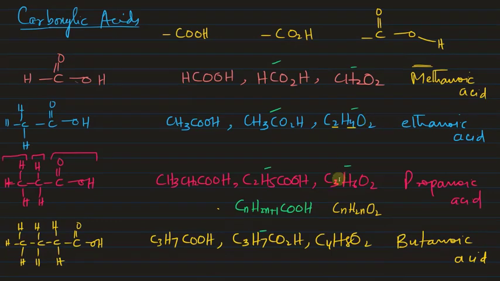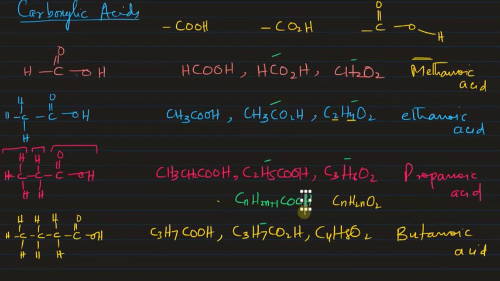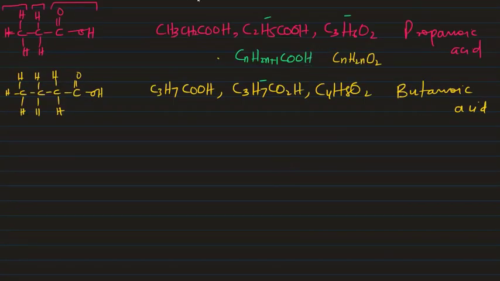So let's say we have to draw the formula of a carboxylic acid with, let's say, 7 carbons. We will make the carboxyl group first of all, and since we have to make a total of 7 carbons, 1 carbon we have already made. Now we're left with 6 carbons. So we'll make C6, and H would be 6 times 2 is 12 plus 1, 13.